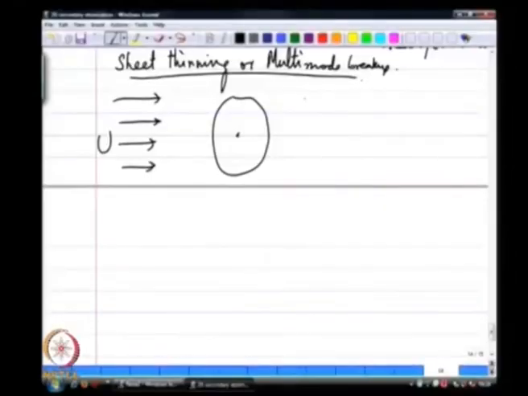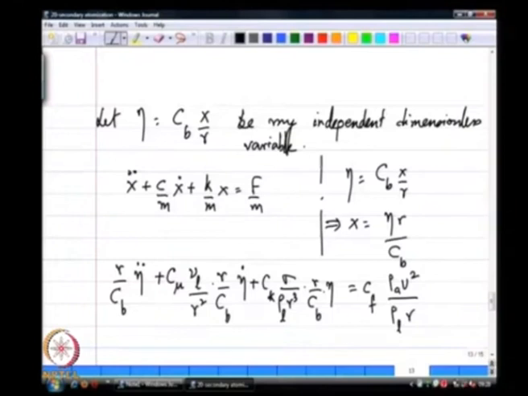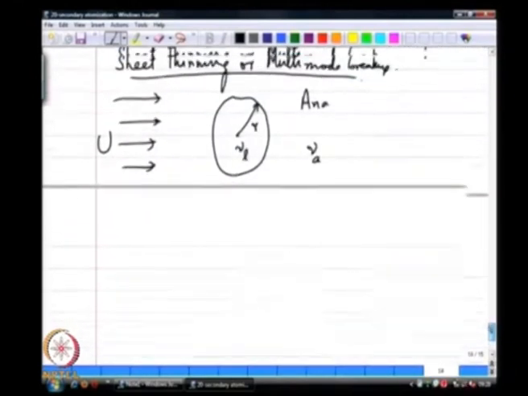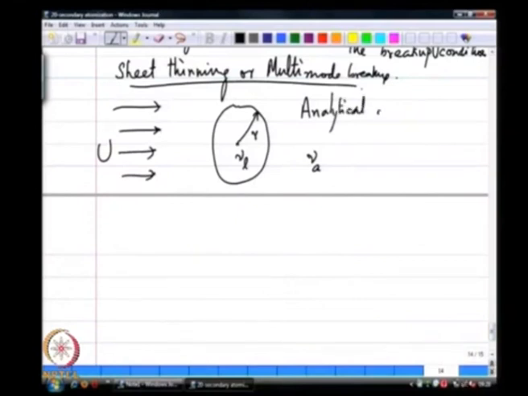In fact, the analytical solution for this flow, so consider a drop of radius r of some viscosity nu L in a fluid of some viscosity nu A, is given by what is called the Hadamard-Rybczynski solution.